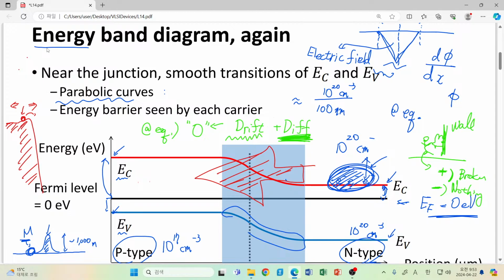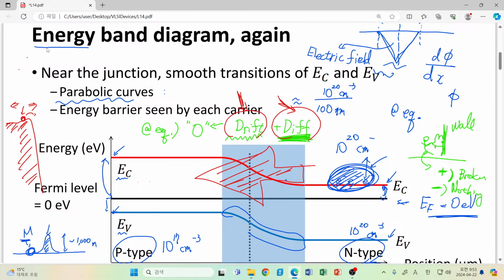So let me come back to this concept. Here we have drift and diffusion. They are perfectly balanced at equilibrium. However, the driving force is really drift, and diffusion and drift work as a preventing mechanism for current conduction.